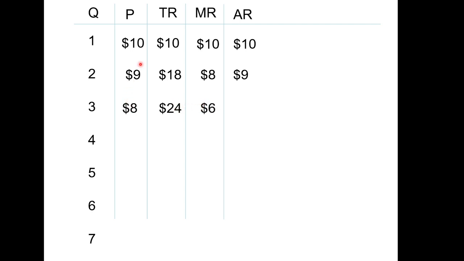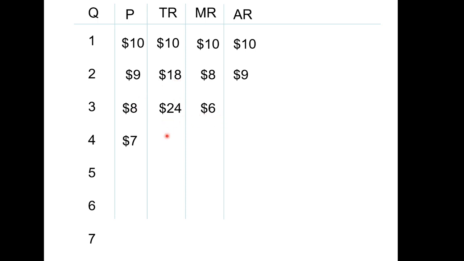As you can see, only at the first unit did price, marginal revenue, and average revenue equal each other like they did in the perfect competitor. Now what happens as we lower the price: marginal revenue is less than the price. Okay, because every time we lower the price, here I lower the price, these two people aren't paying 9 anymore. They're going to want to pay 8, so we're losing $2 of the revenue that we originally had. And then add the 8, and that's where you get the 24 from.